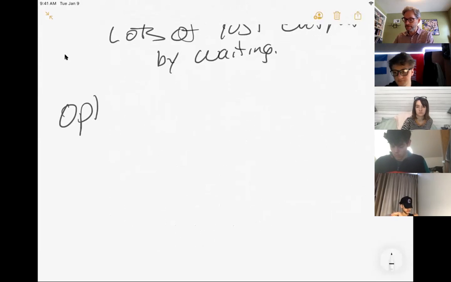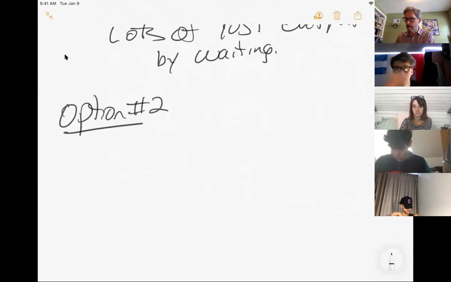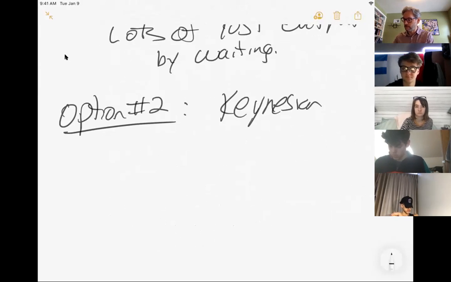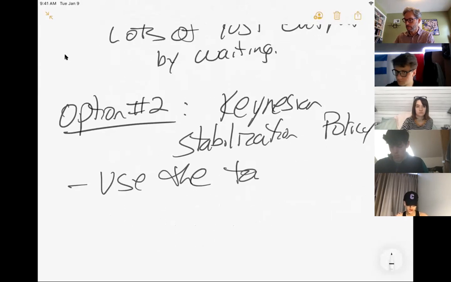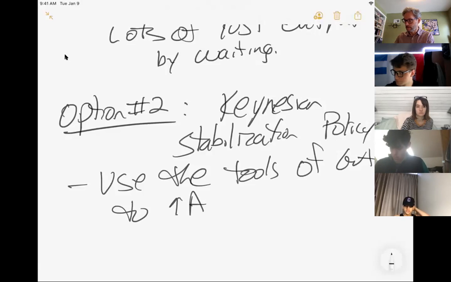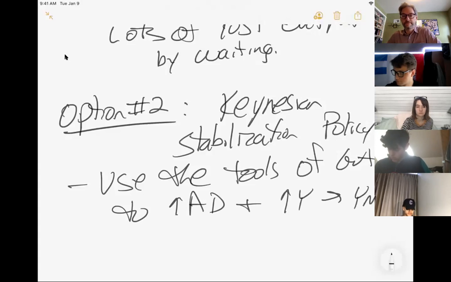And so option number 2, and this is where we'll pick up tomorrow, is Keynesian stabilization policy, which is to use the tools of government to try to increase aggregate demand and get output back to the natural rate.